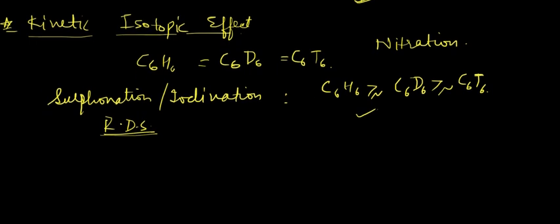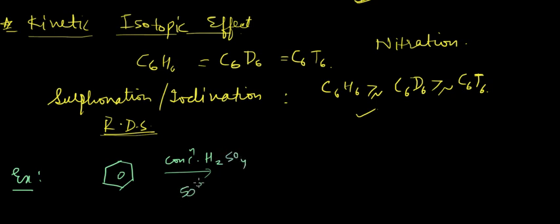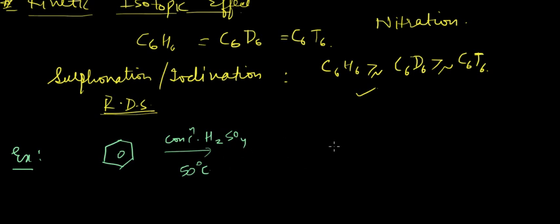Okay, let us look at another example where we have a benzene ring. First let me write a summary of what actually happens. We have H2SO4 at 50 degrees Celsius. Obviously SO3 gas would be present here, and the mixture would be known as oleum. This is the reaction which we looked at.